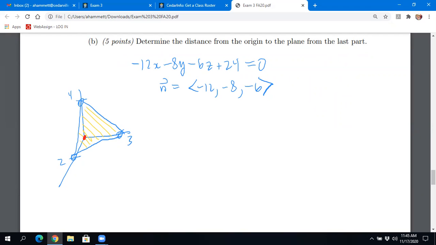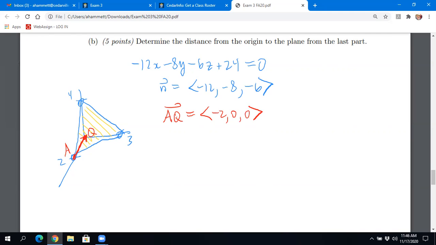And the way that we did that, if you'll recall, is we actually formed a vector from a point to that point. If I call that point Q right there, and of course this point was the point A from the previous part, we formed the vector from A to Q. So what is the vector AQ? (-2, 0, 0).